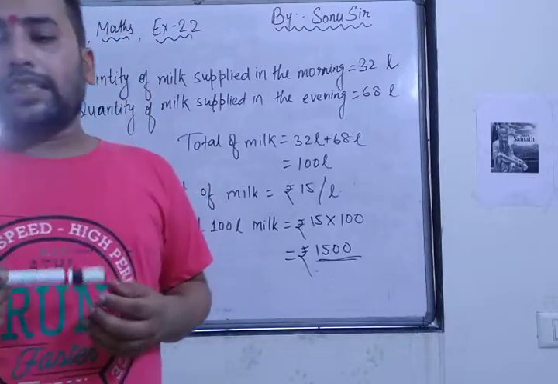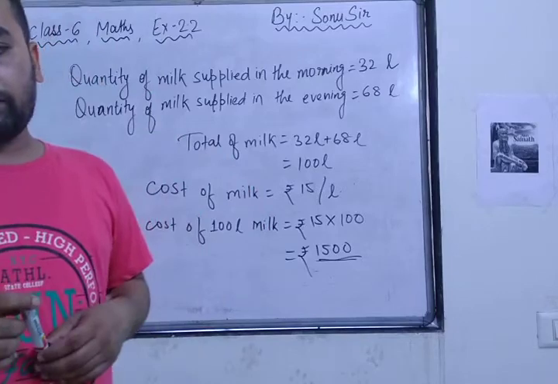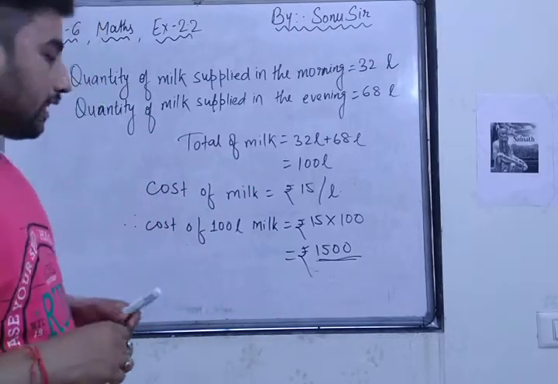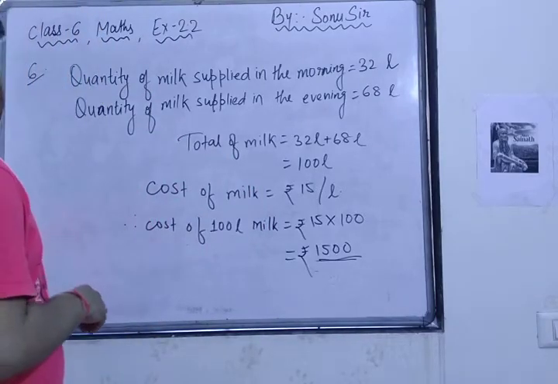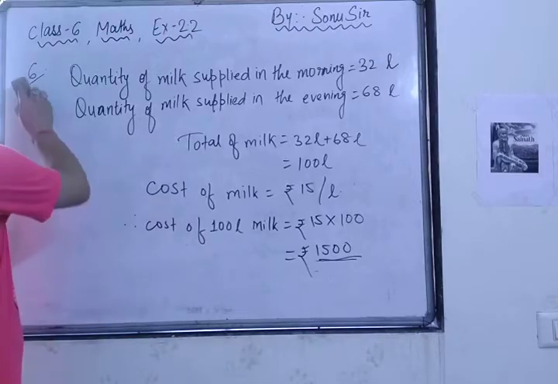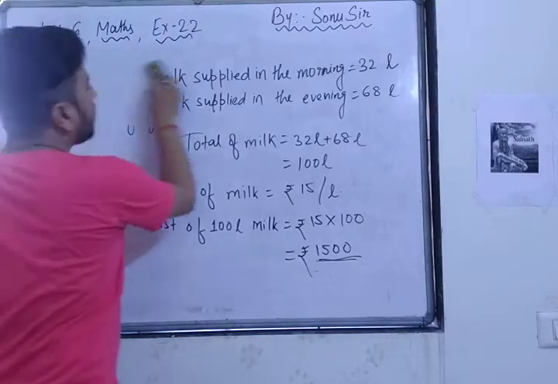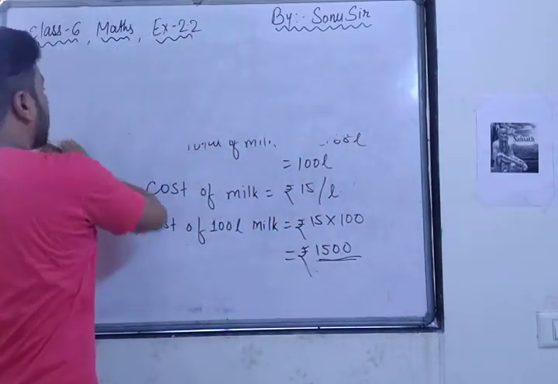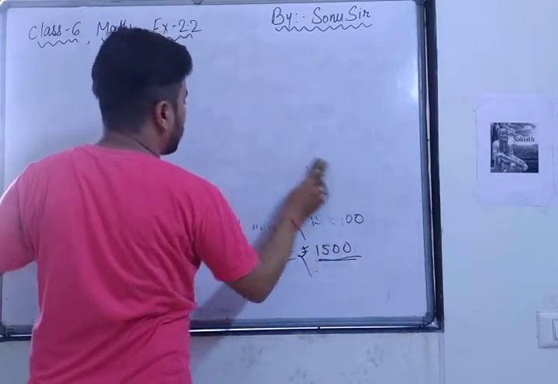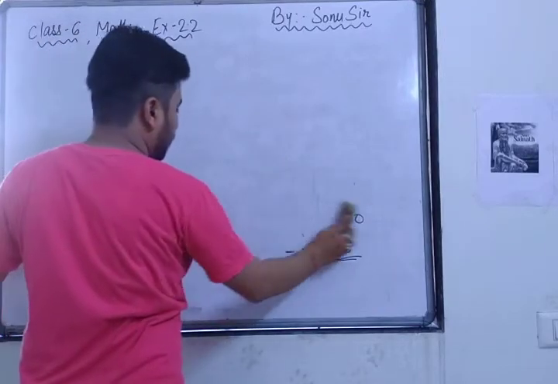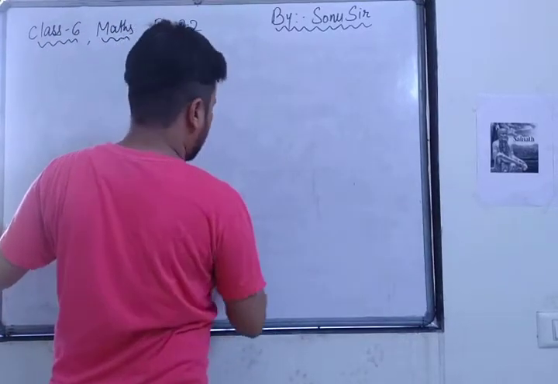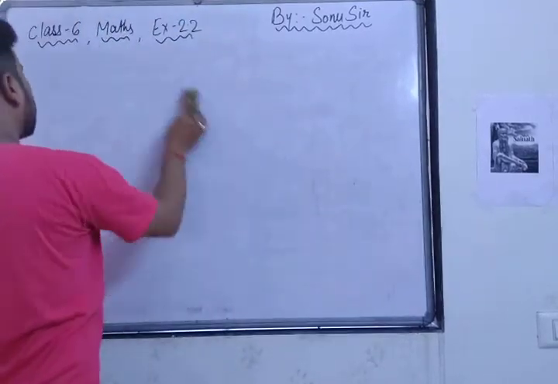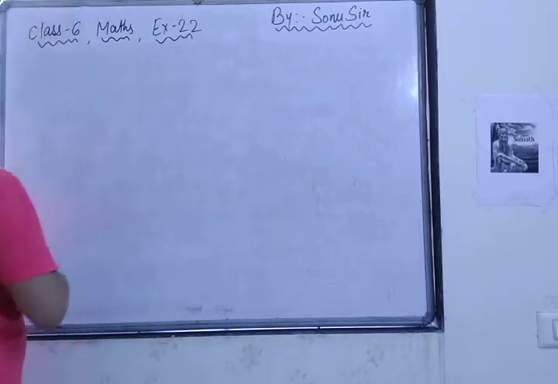You have to just match which property is there. Both sides have numbers and some properties are given, and you have to match those properties. Okay, so let's start question number 7. In this we have to write the question because we have to match the following.